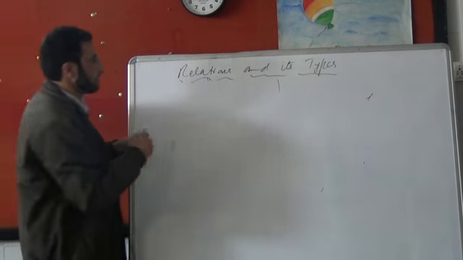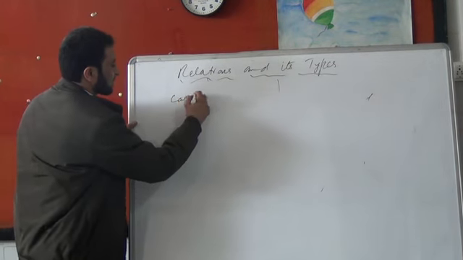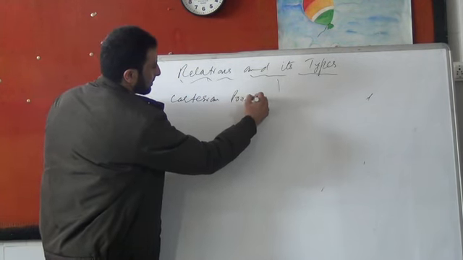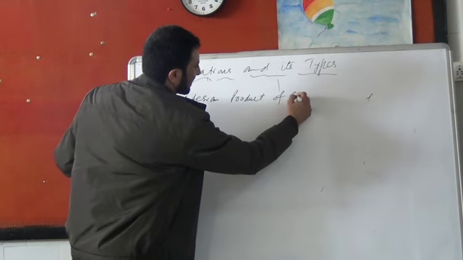Then we have the Cartesian product of sets.